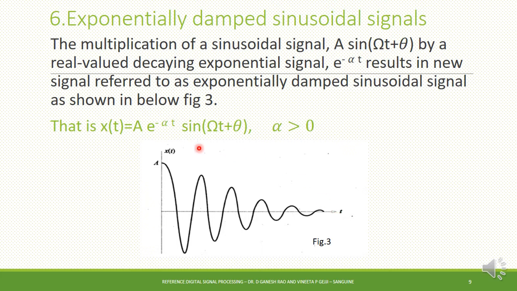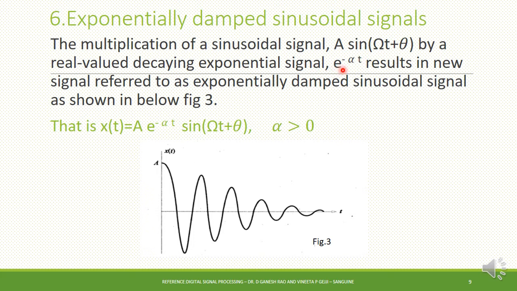But in signals, what we are studying is the exponentially damped sinusoidal signal. The definition of this is very simple. It is the multiplication of a sinusoidal signal, whose equation is A sine of omega t plus theta, by a real valued decaying exponential signal, that is e to the power of minus alpha t.